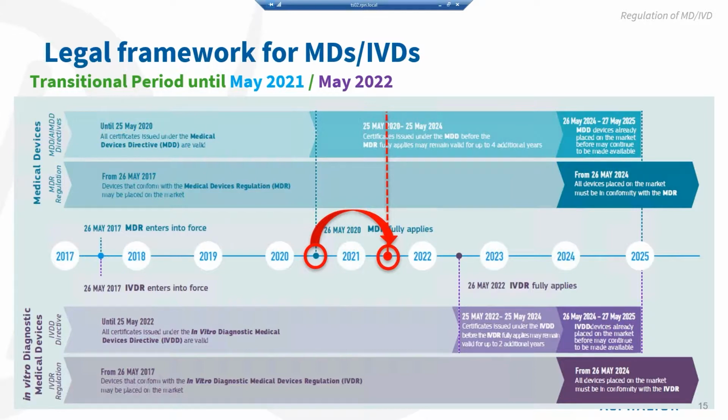On the other hand, for the IVD regulation, there has been no delay, and no delay is expected, as obviously the market has had more time to adapt to this regulation, because it's supposed to fully apply in May 2022. So there's more room to be able to do the adaptation.